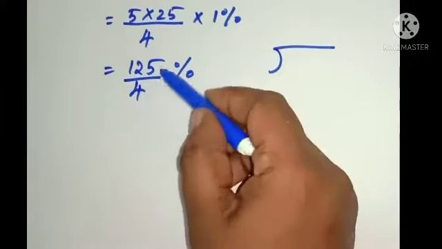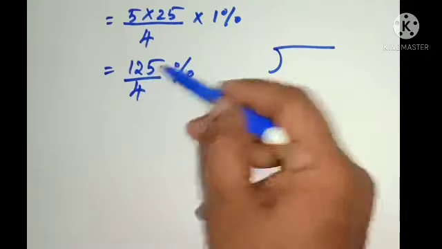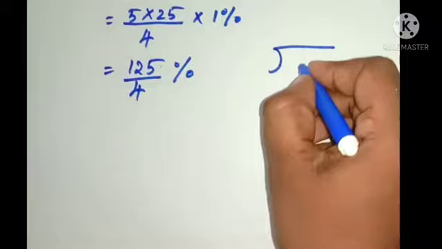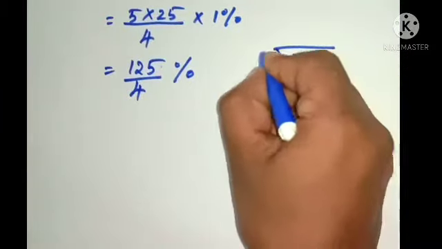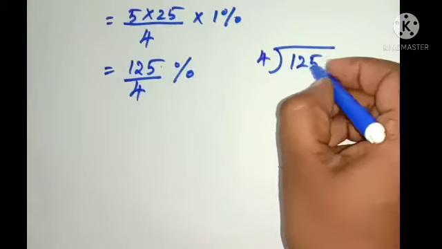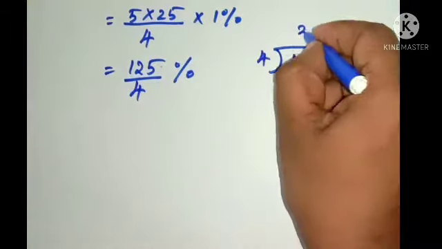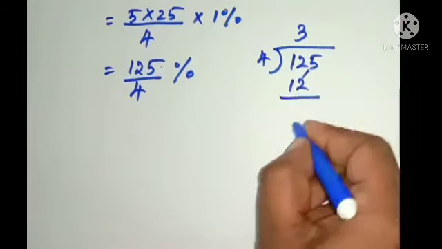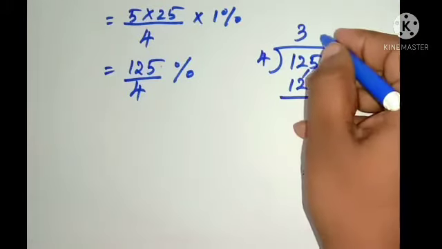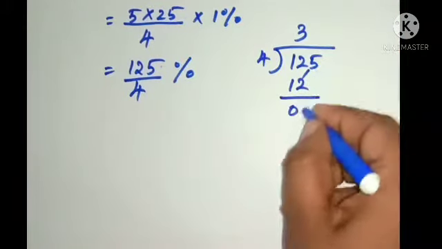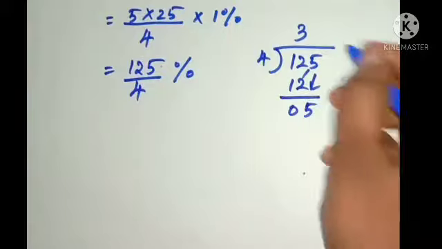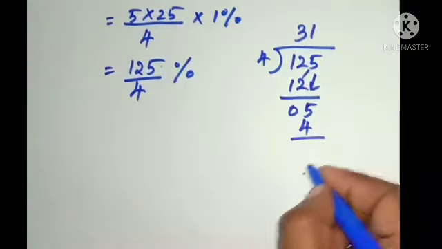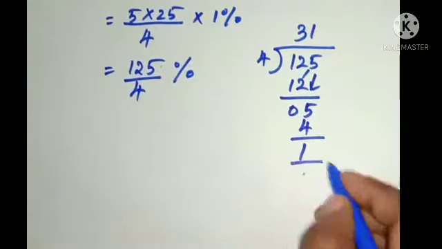Now, let us convert the fraction into mixed form. So 125 divided by 4. 3 4s are 12, remaining 0. Take 5 down. 1 4 is 4, so remainder 1.